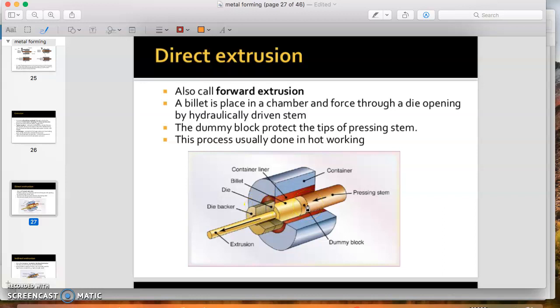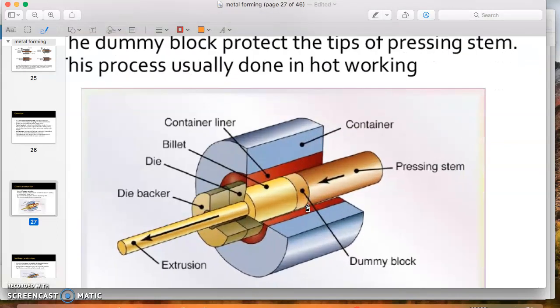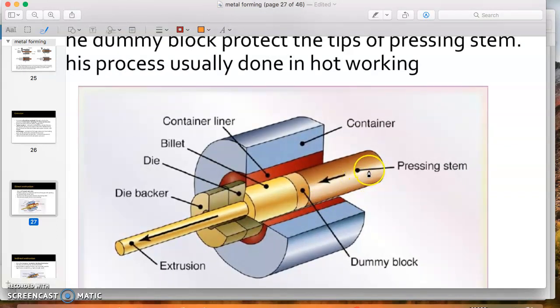And at the right side, we have a pressing stem and dummy block. The pressing stem will move to the left and push the dummy block, and the pressing stem and dummy block push the billet forward to the left and through the die.